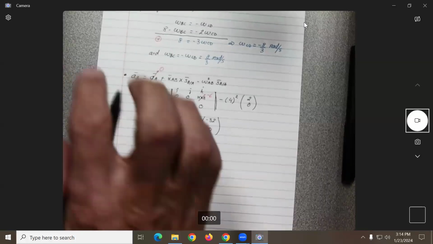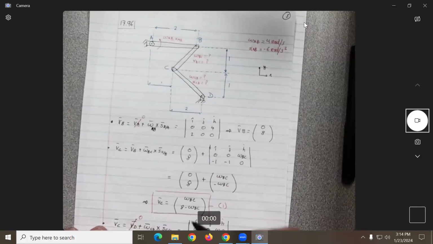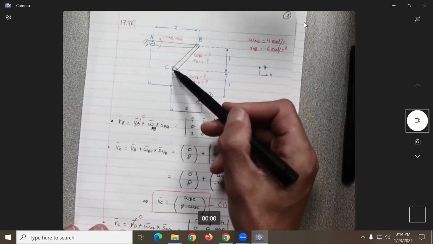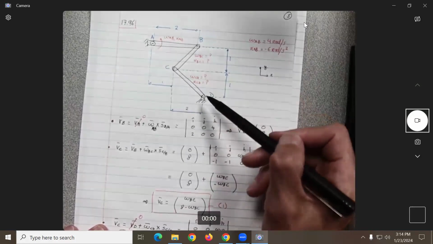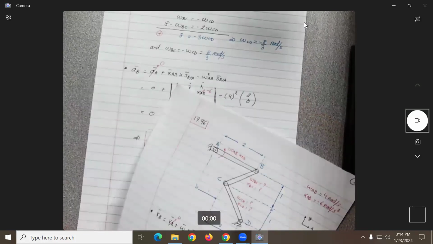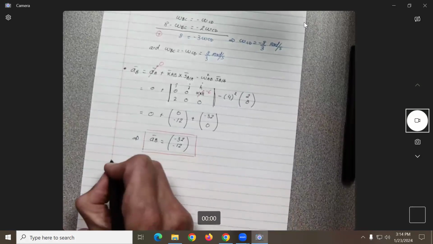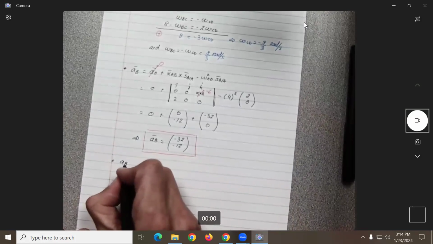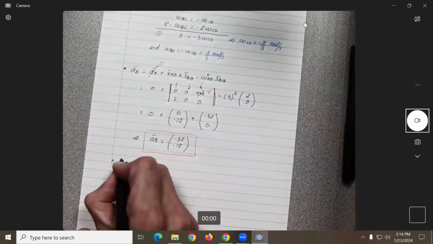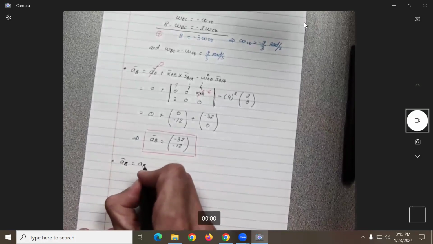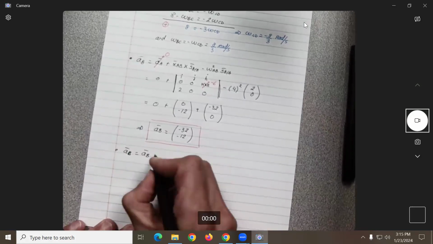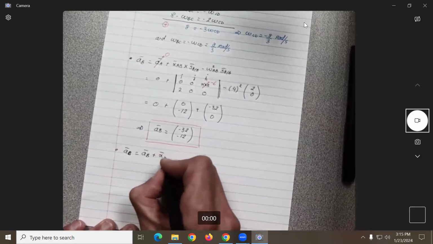Next, what do we do? Now that we know the acceleration of B, what can we do? We need to find the acceleration of C from point B and point D. Okay, so let's first find the acceleration of C from point B. The acceleration of C is the acceleration of B, plus alpha of what?